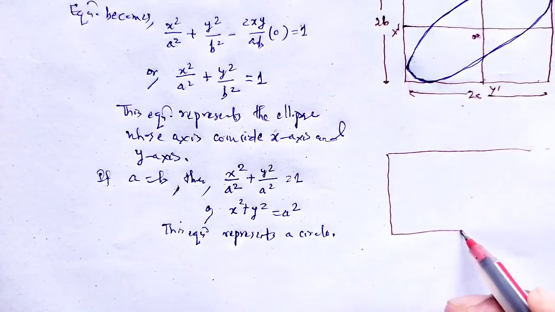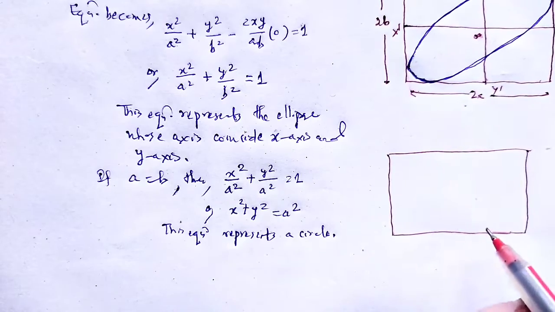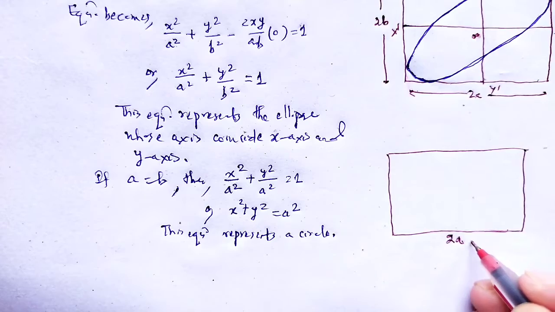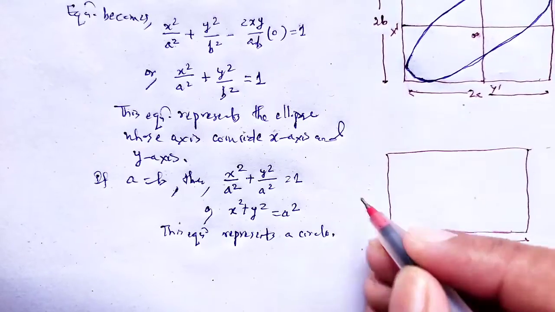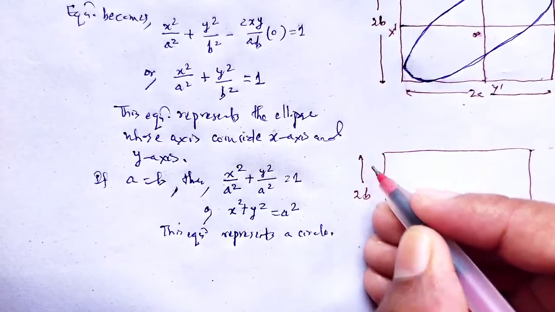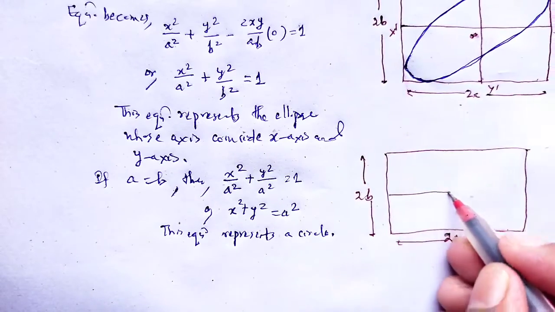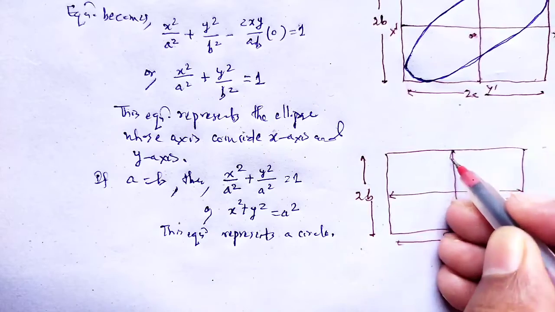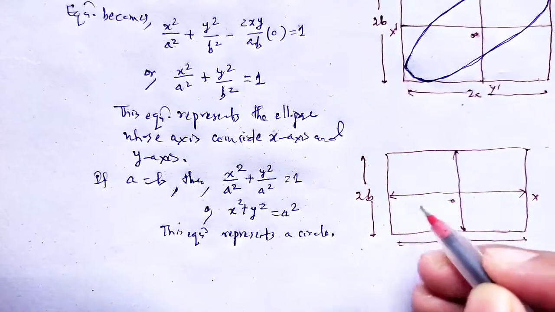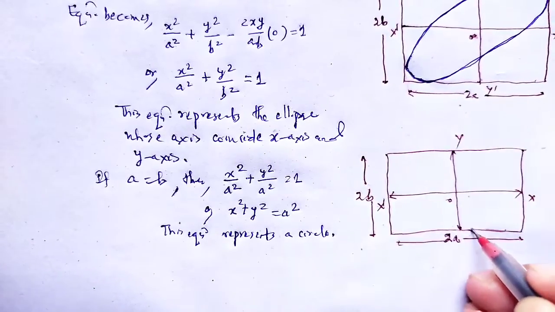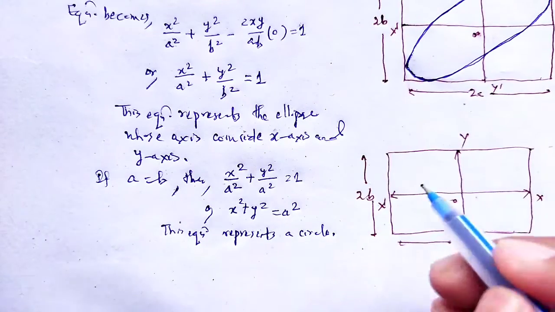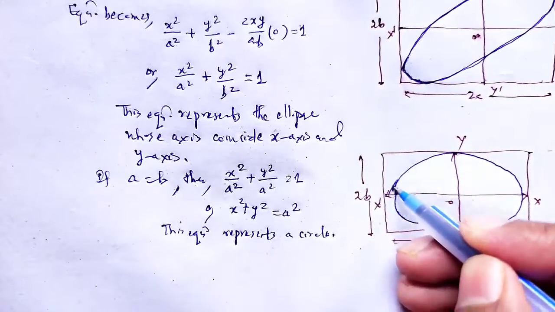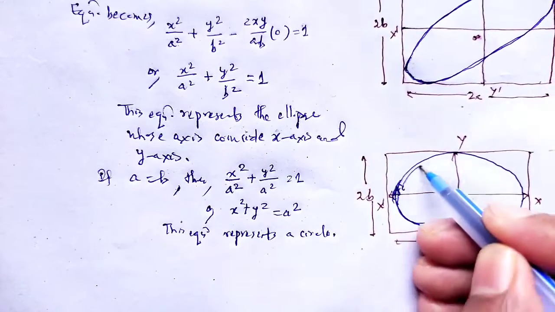So, we can draw the figure like this. In that case, a is equal to b, so 2a is the same as 2b. Therefore, inside that rectangle we have a circle, just like a circle figure that touches the axes.